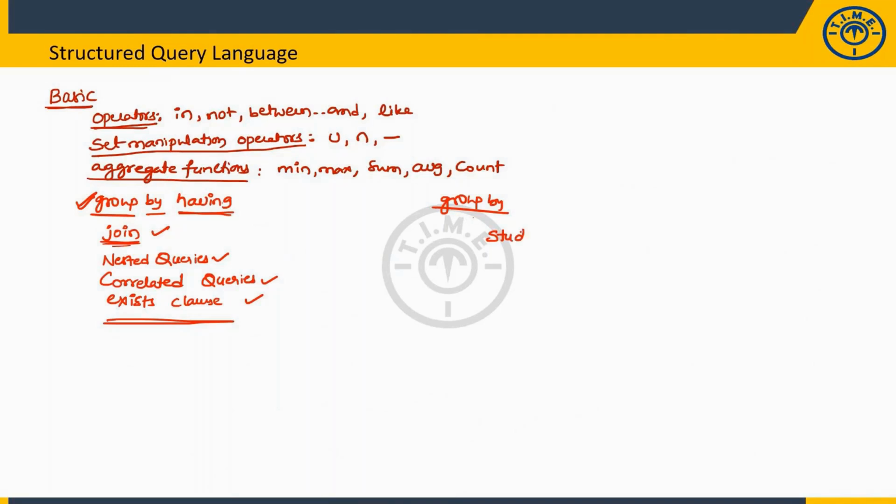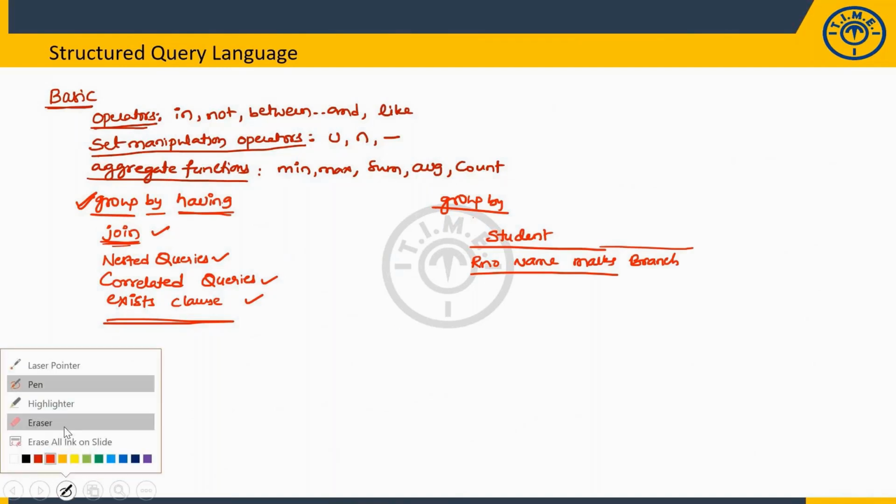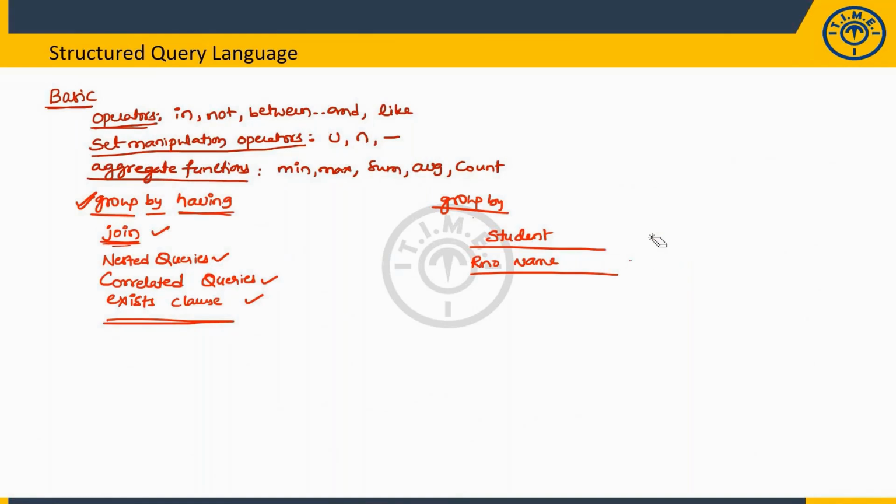Suppose I have a table called student, which has attributes roll number, name, and branch. I just have to make it very simple.